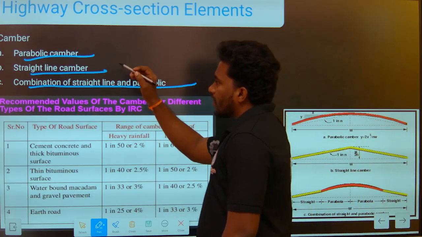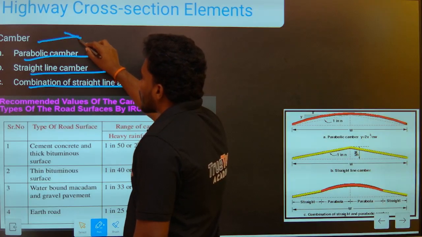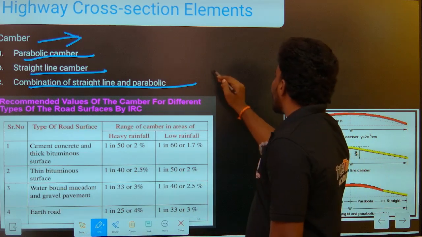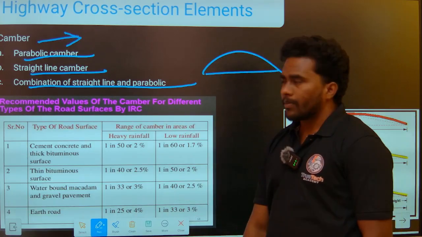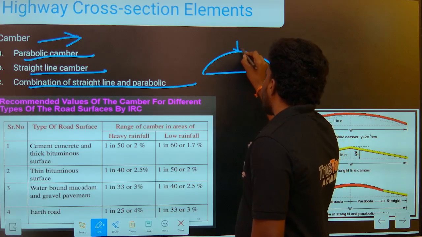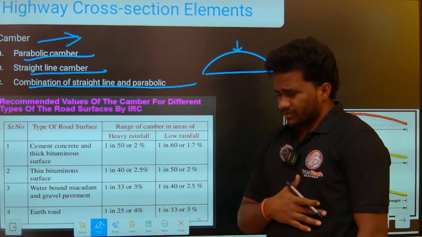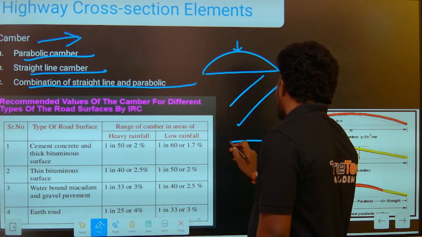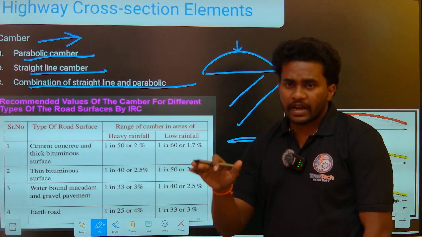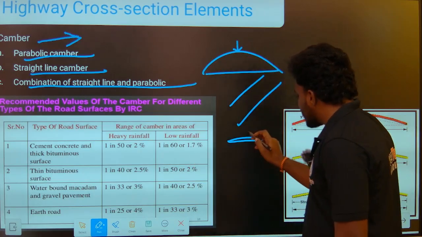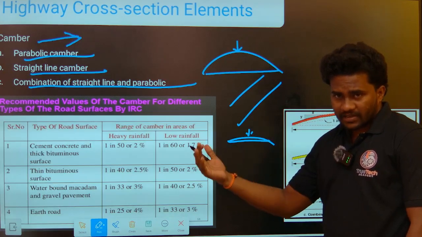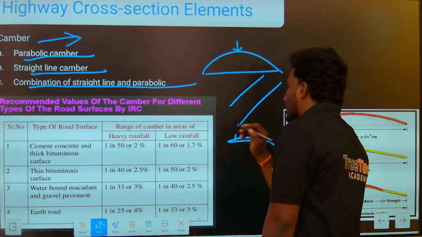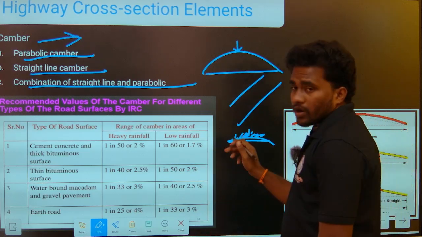First we have to discuss the importance of this camber, or why we have to provide it. First, if we construct a road surface as a straight line, then in the rainy season when rain drops, some water is stored on the road surface.